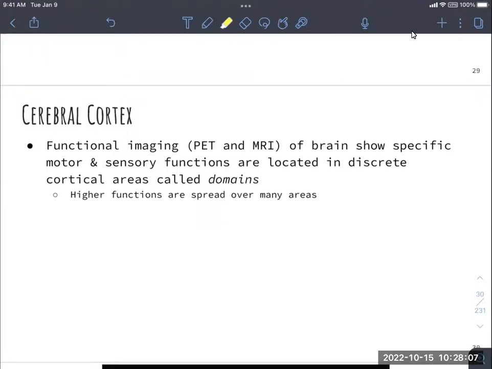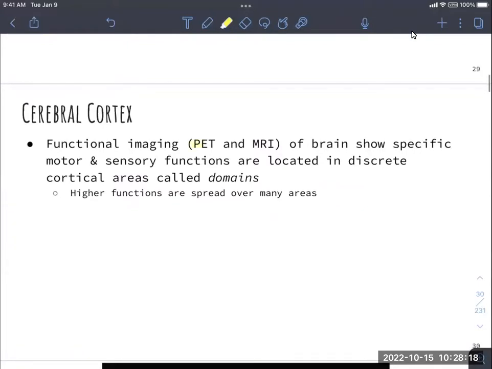So there's ways we can actually check different things that are happening in your cerebral cortex. We have a PET or an MRI scan. And that lets us check how there's motor areas in your brain that allows you to move and walk. There's sensory areas in your brain that lets you feel.